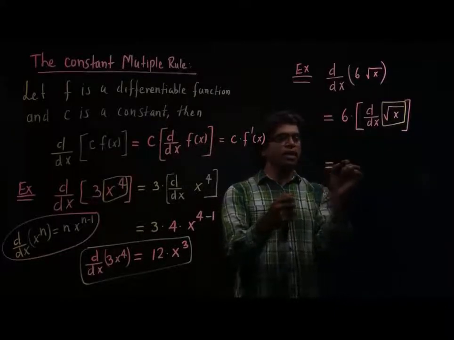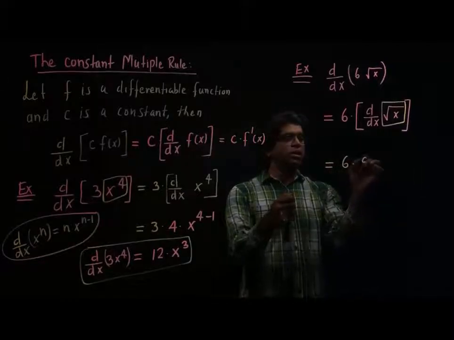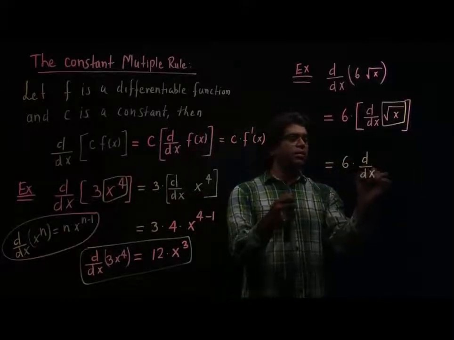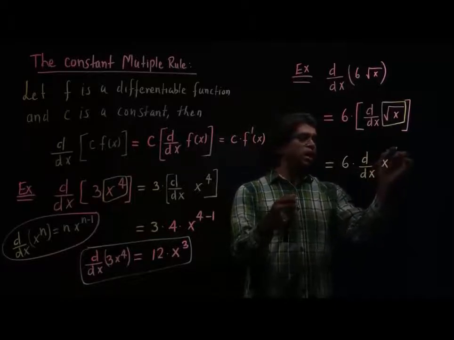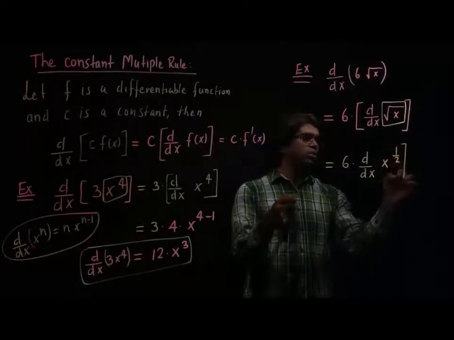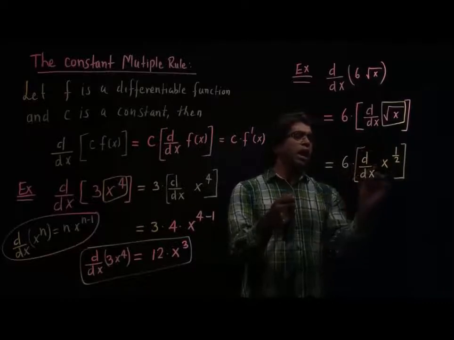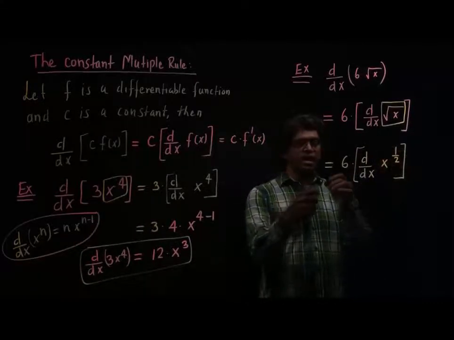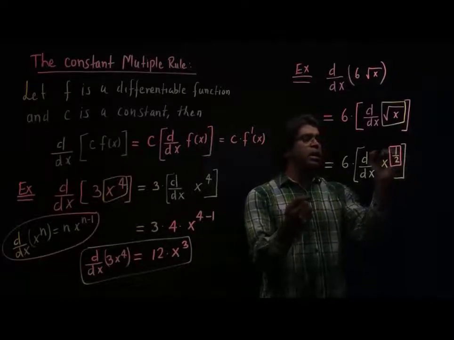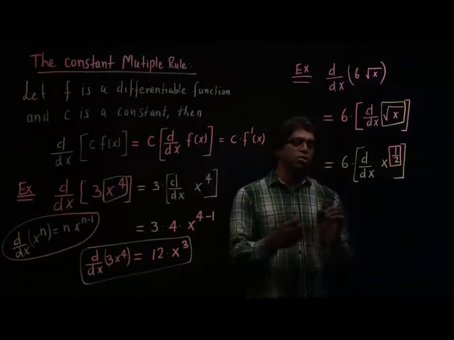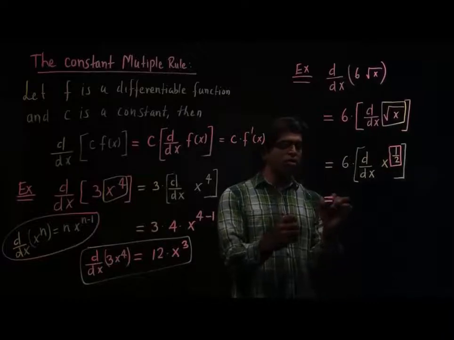So I will write this as 6 times dy dx of x to the power 1 over 2. As you can see, my n is 1 over 2, so I'm going to use the power rule.